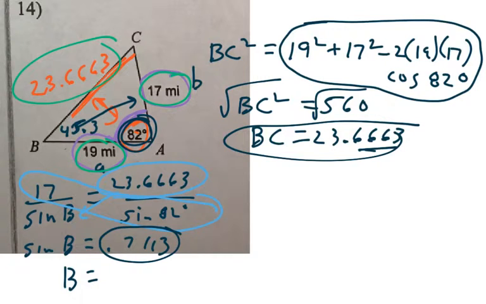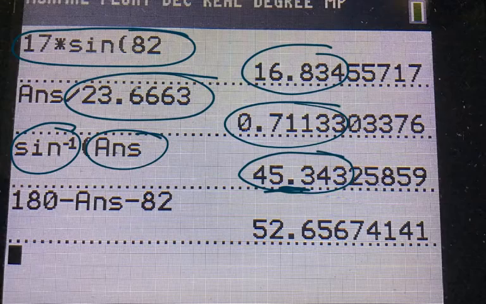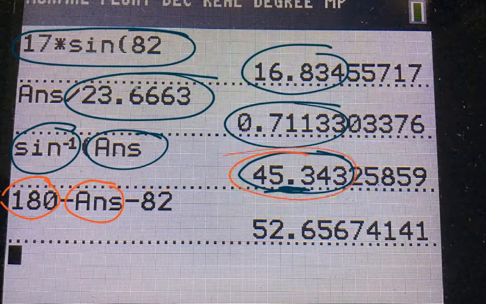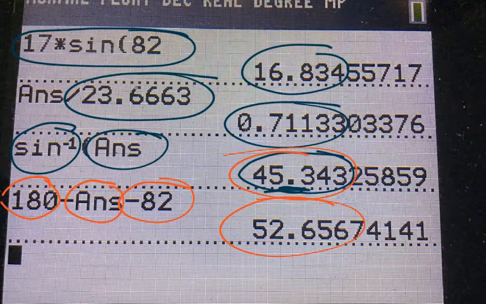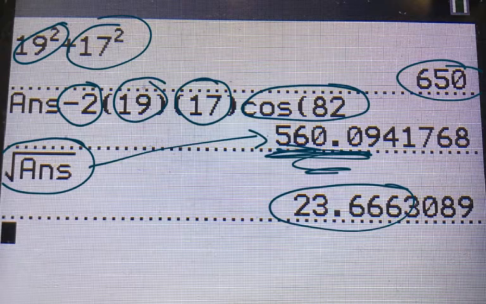Now what? I could do the law of sines one more time, but wait a minute. Don't I already know now two angles of a triangle? So I'm going to use a 180 here. I know that the measure of angle C is going to equal, watch this, 180 minus our 45.3 angle minus the other angle 82. There is my other angle. I'm just going to round off to 52.7.